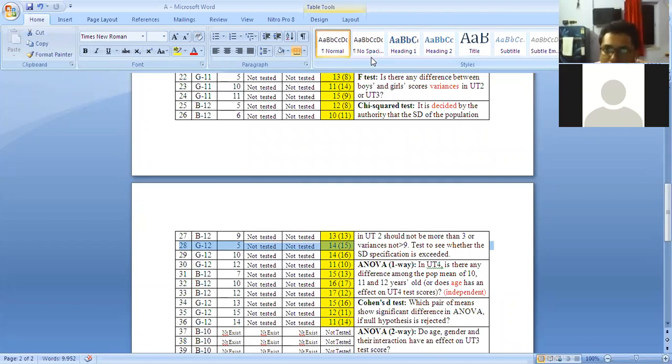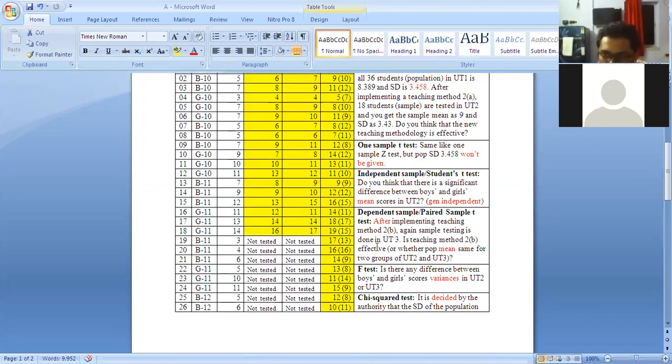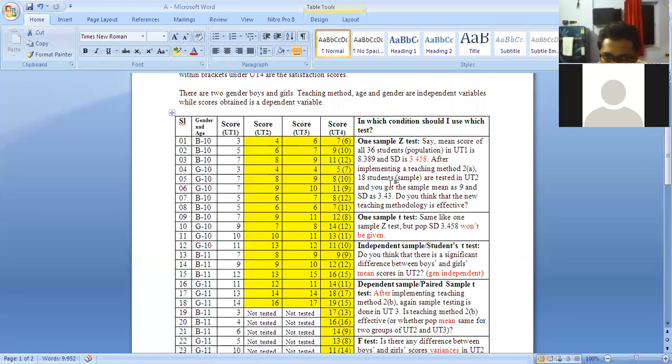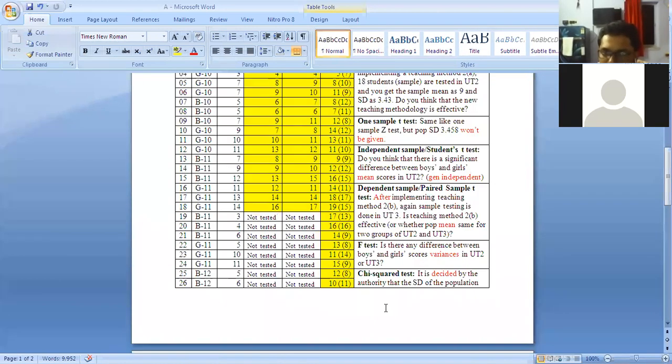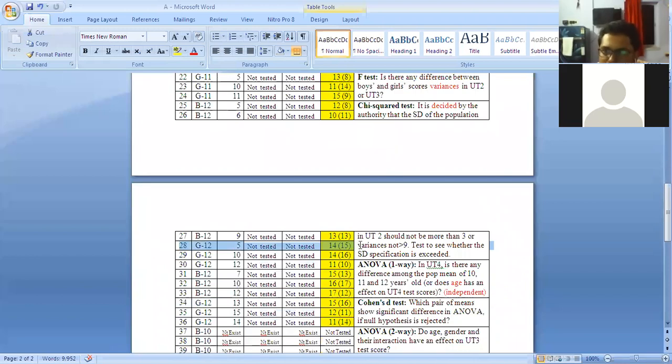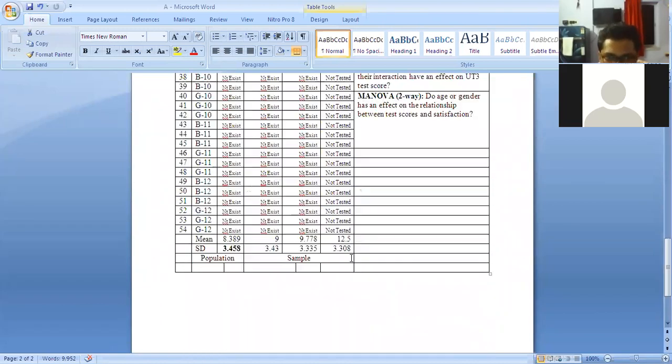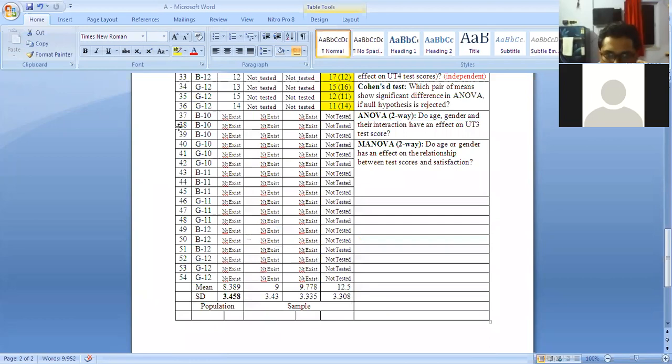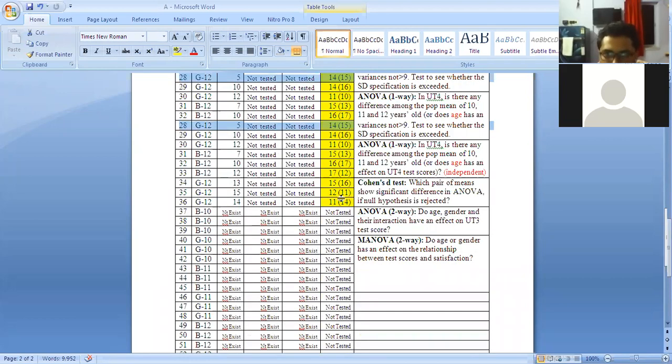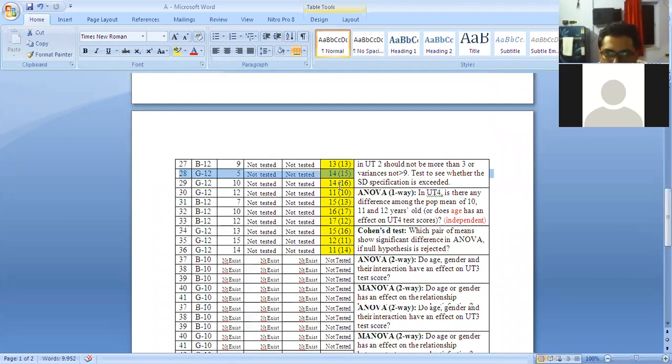You would like to test obviously at population level, because this mean will be different obviously, but it's not necessarily that the difference that you are seeing at sample level is also representing the population level, because a total of 54 students have registered for unit test 4, but you have taken the data from only 36 students.